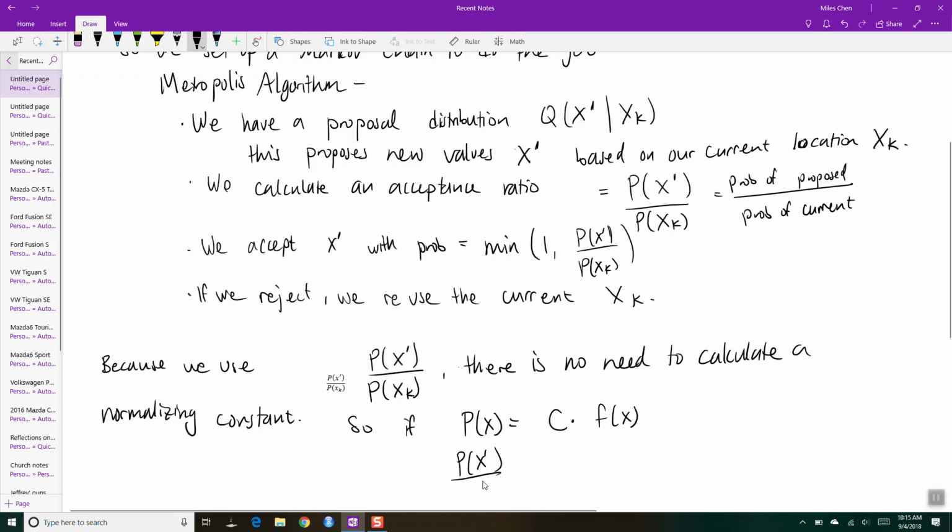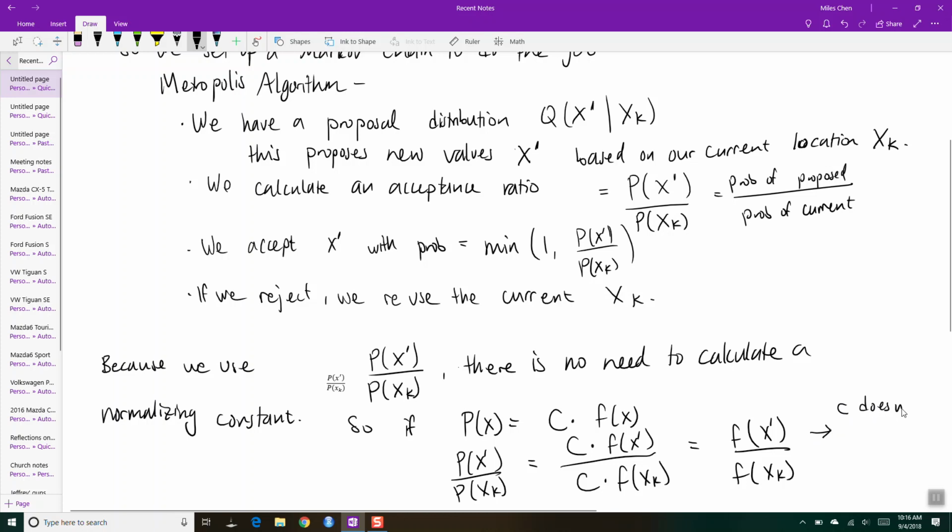P of x prime divided by P of x sub k is going to be equal to C times F of x prime divided by C times F of x sub k, which will just be F of x prime over F of x sub k, and so we're good. So no, C does not need to be found. And that's perfect for us.